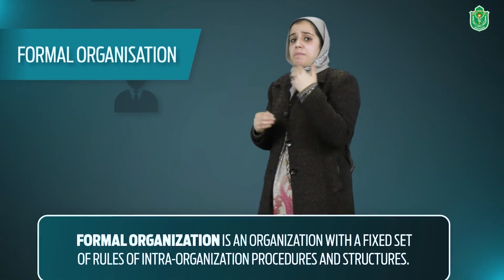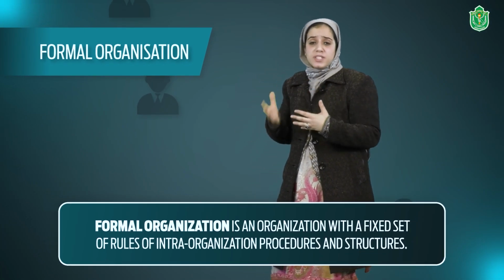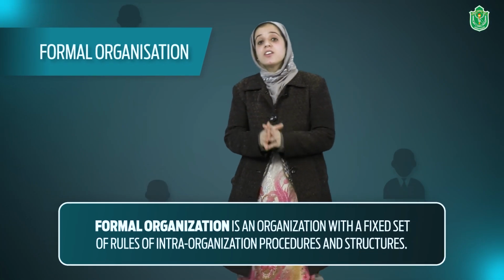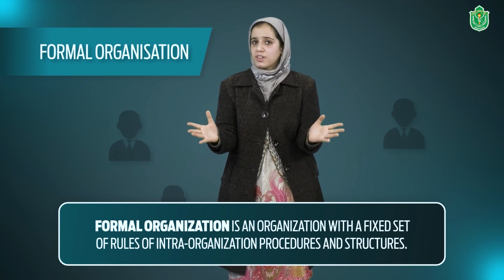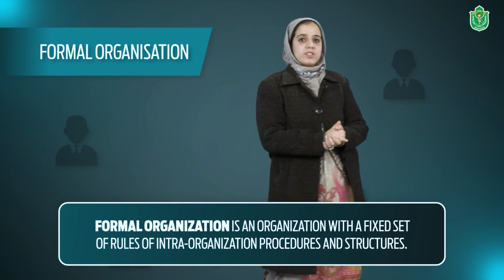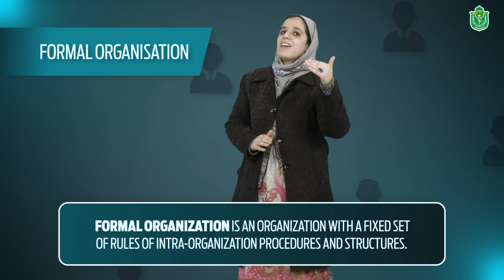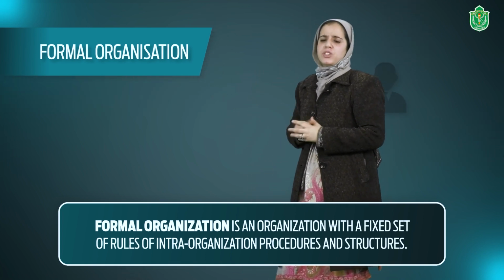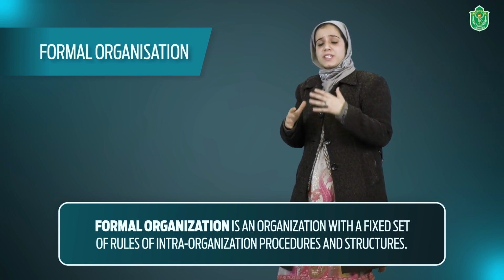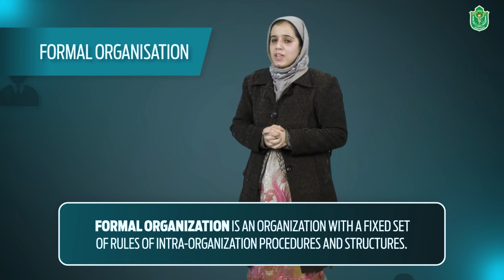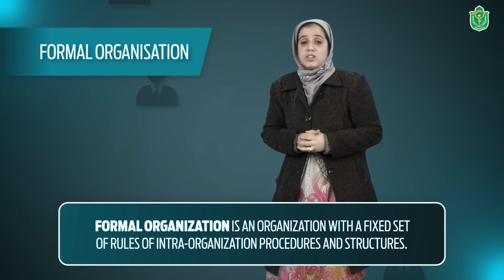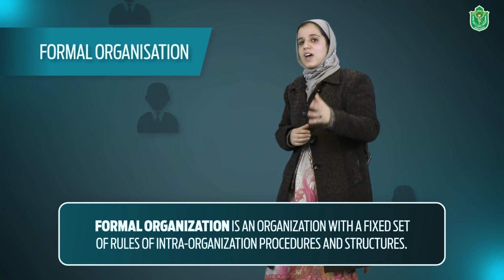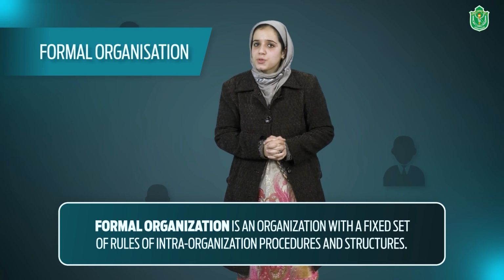When managers are performing the organizing process, the result is an organizational structure. This organizational structure, which gives a clear superior subordinate relationship, which gives a clear picture of jobs assigned to each individual for the achievement of organizational goal, is known as formal organization.